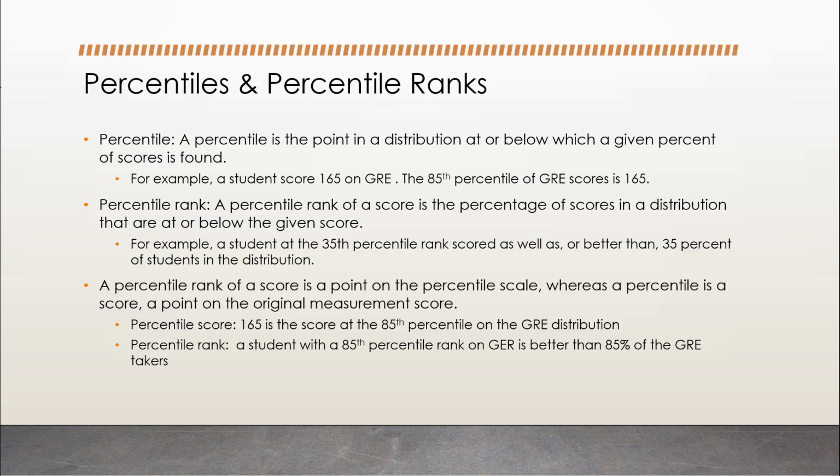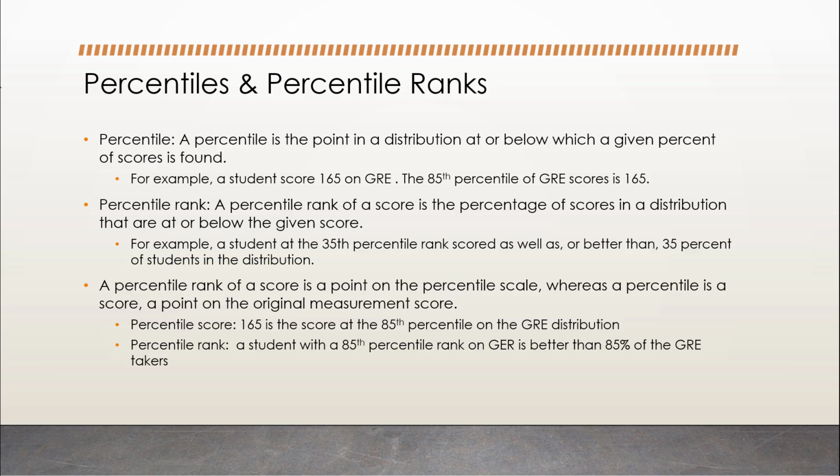Percentiles and percentile ranks are two sides of the same idea. Percentiles are raw scores, and each raw score has a percentile rank in the distribution. The simplest way to tell them apart is this. A percentile is a score on the original measurement scale.